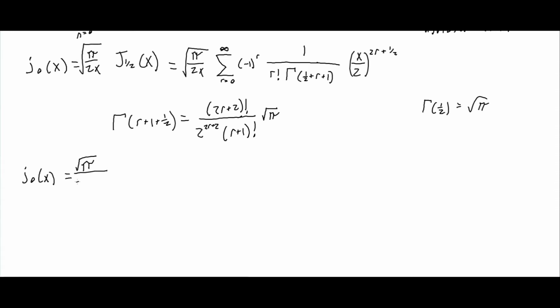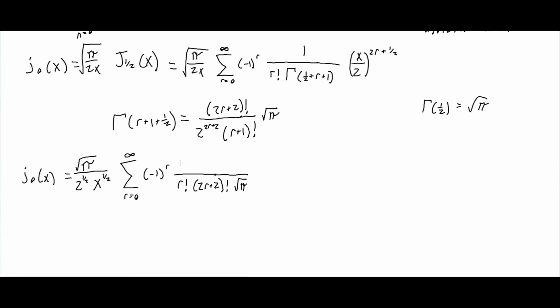I'm going to put 2 to the 1/2 power, which is the same as the square root, and x to the 1/2, multiplied by the summation from r equals 0 to infinity of minus 1 to the r, times r factorial times 2r plus 2 factorial times the square root of pi.